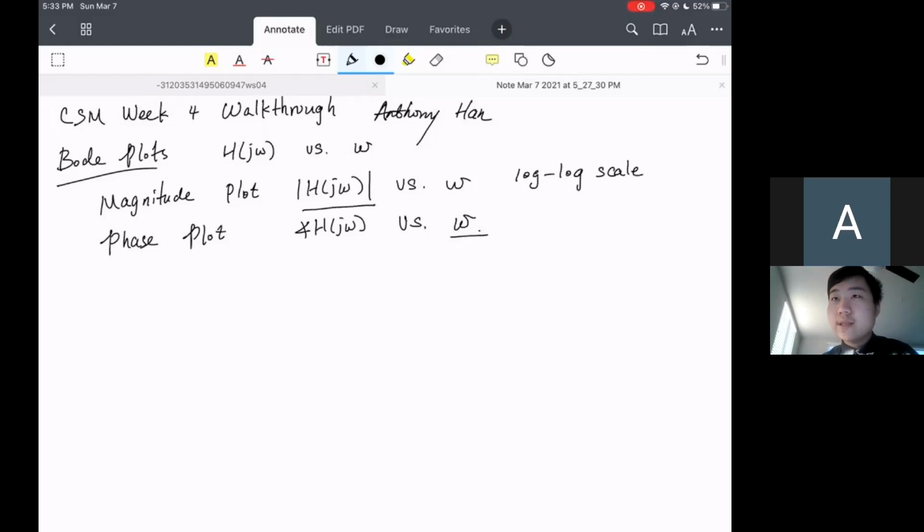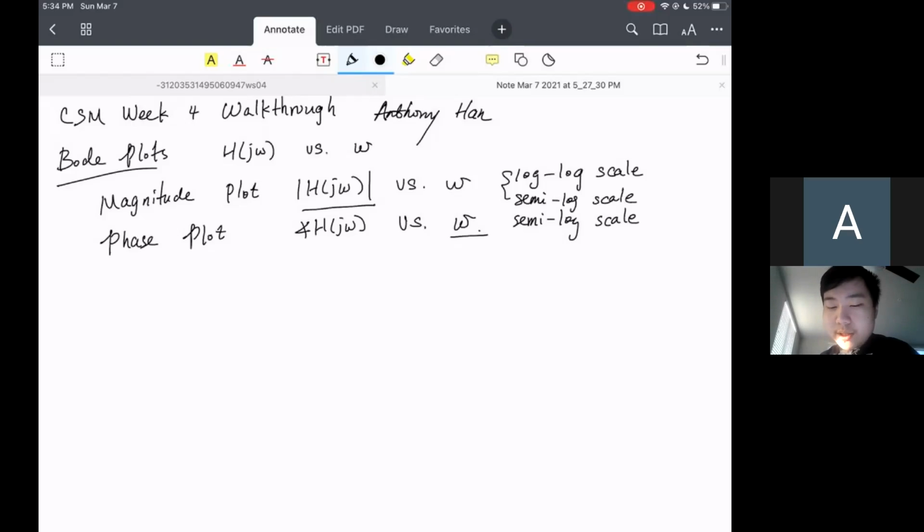In the case of the phase, it really doesn't make sense to draw the phase in terms of its logs, so we just draw the phase on the y-axis and call that a semi-log scale. In reality, the magnitude plot can also be on a semi-log scale, but the phase plot doesn't make sense on a log scale.